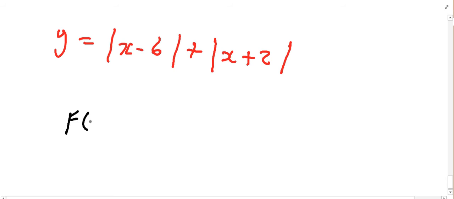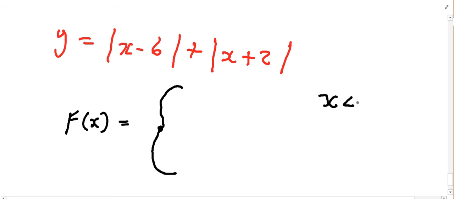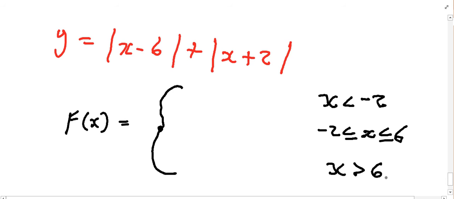If I write a piecewise function, f of x will be equal to: the first one is x less than -2, the other one is -2 less than or equal to x, which is less than or equal to 6, and the last one is x greater than 6.